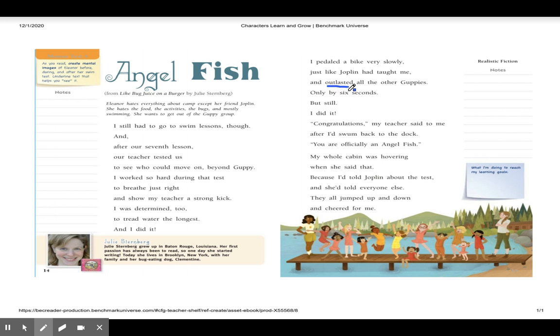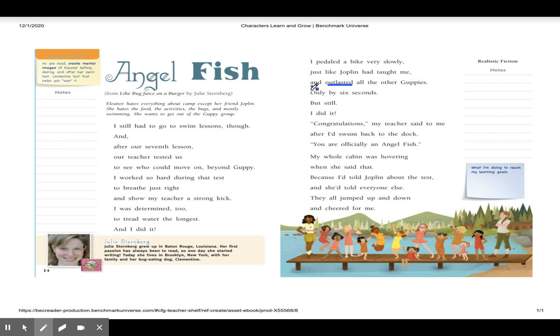I will underline it for you. There will be a question about what to do on your Edpuzzle, but remember, you are going to try to use context clues to define the word outlasted. Now that you have defined the word outlasted, let's talk about it. So I'm going to circle the word outlasted, and I know that what I can do first is to go back and see if there's any context clues in my paragraph.